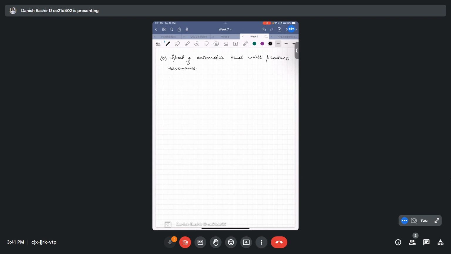We know that resonance will occur at omega by omega n equal to 1, that is, frequency ratio equal to 1, that is, natural frequency equal to forcing frequency. But since we have very huge damping here, theta is very large, so we cannot use that concept here. So we will have resonance-like conditions here.